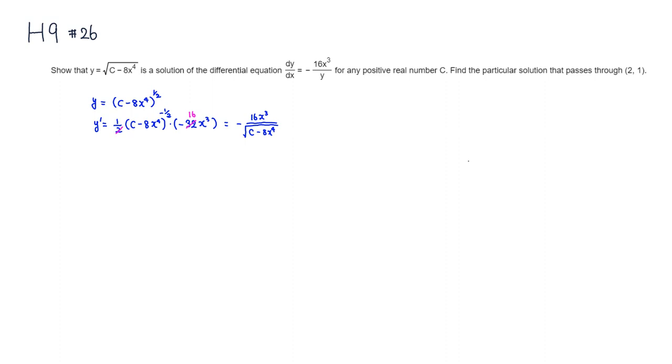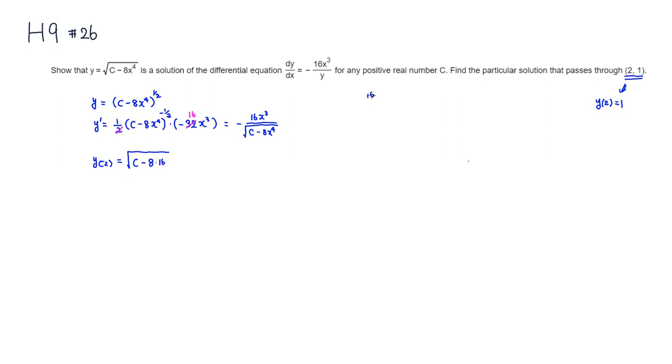The solution is here, and it passes through (2, 1). This just means that y of 2 is equal to 1. So y of 2 is the square root of c minus 8 times 2 to the fourth power, which is 16.